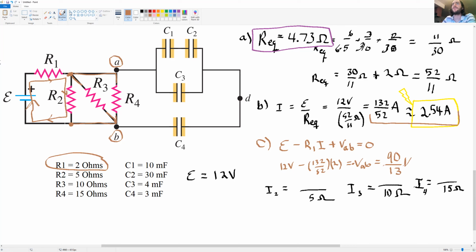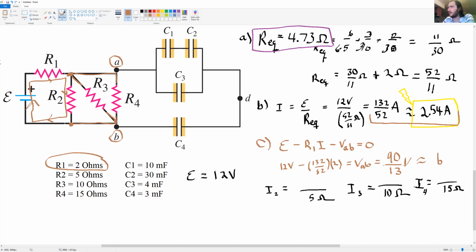And so probably I should go back now and revert my change here. I did choose the correct sign there. So it should be minus VAB, move the VAB over. Exact answer 90 over 13.